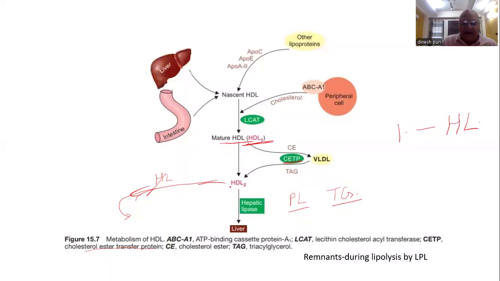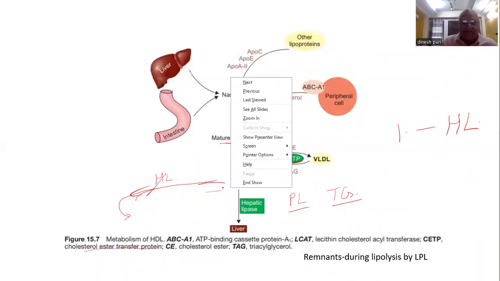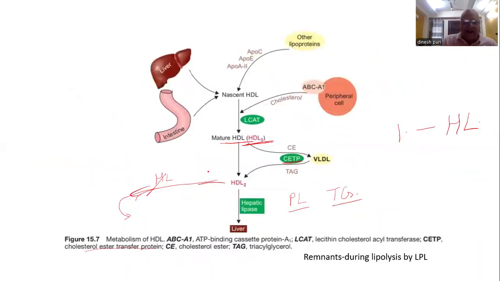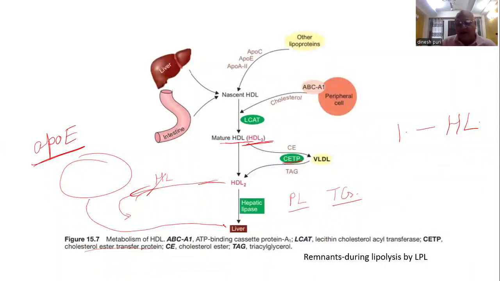Some HDL particles acquire ApoE. A minority of HDL2 particles acquire ApoE, apolipoprotein E, on the surface, and these bigger HDL particles will be taken up directly into the liver cell.